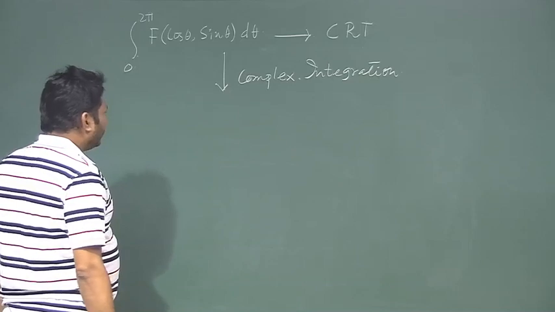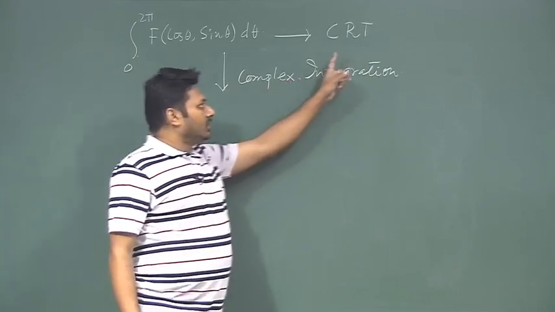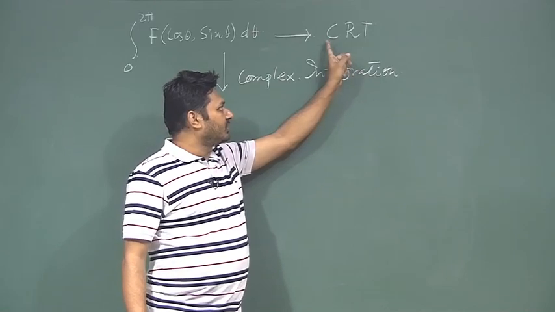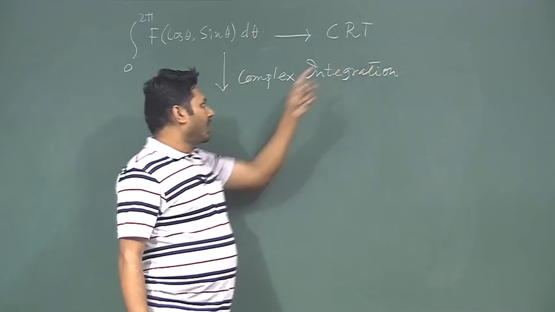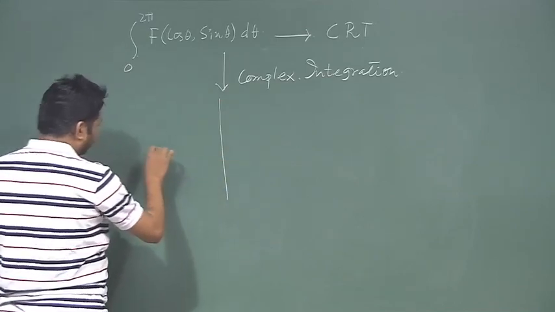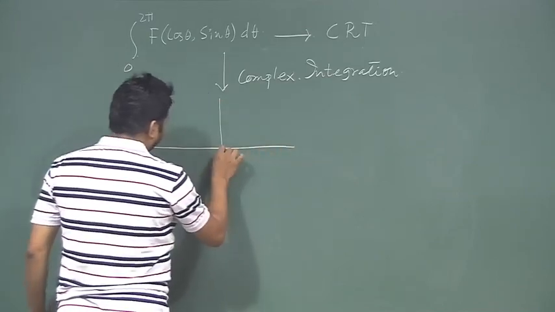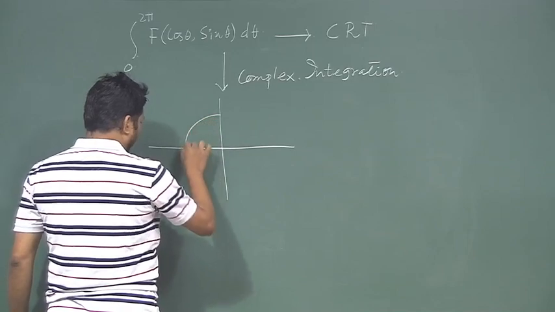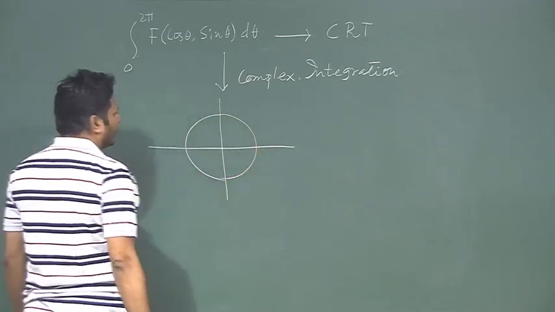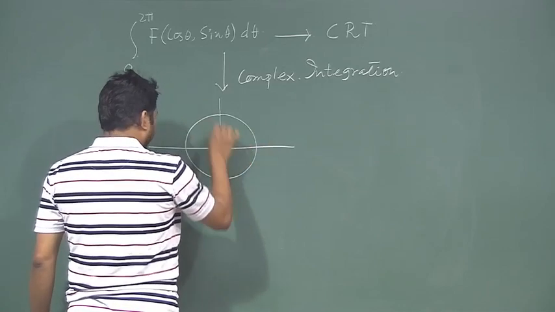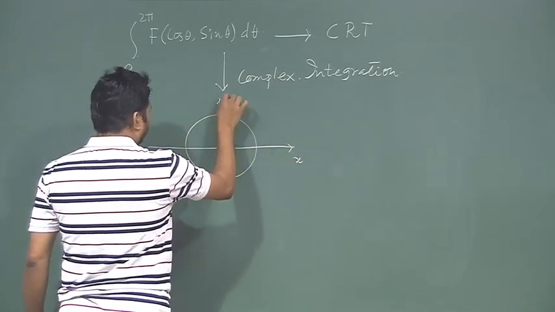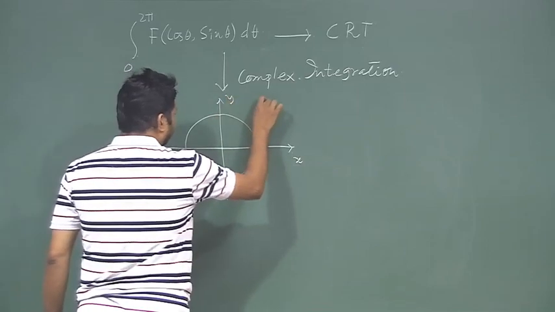In order to do that, I use Cauchy's residue theorem. What I need to decide is the region. For this particular case, invariably we will take the region or the contour to be the unit circle. So, this is my x, this is my y, in the z plane.